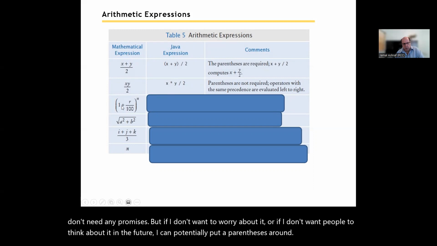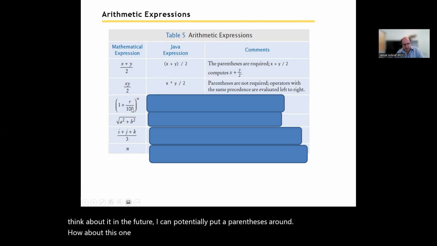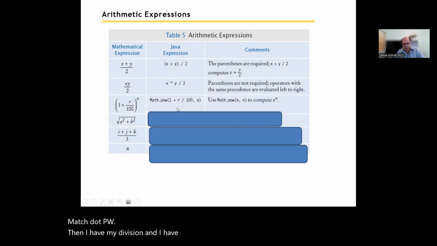How about this? 1 plus r over 100 to the power of n. We did something similar to that earlier. So I know how to do the power, Math.pow. Then I have my division and I have the addition.